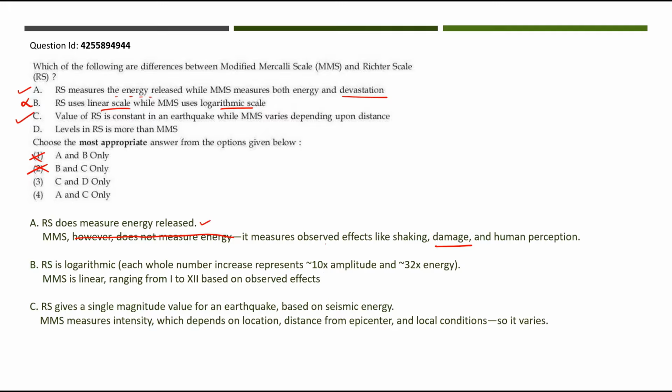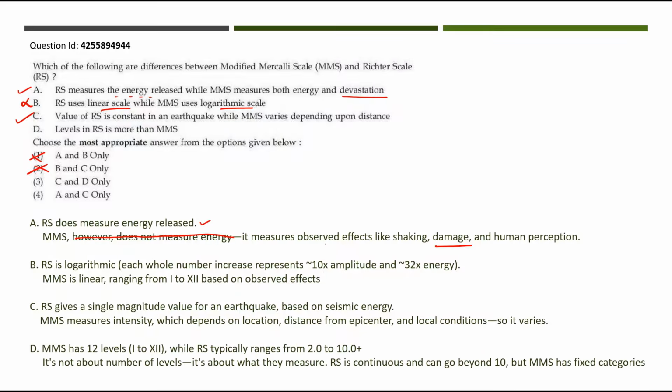What about D? Levels in Richter scale is more than modified Mercalli scale. MMS has 12 levels, 1 to 12, while RS typically ranges from 2.0 to 10.0. It is not about the number of levels, it is about what they measure. Richter scale is continuous and can go beyond 10, but modified Mercalli scale has fixed categories.